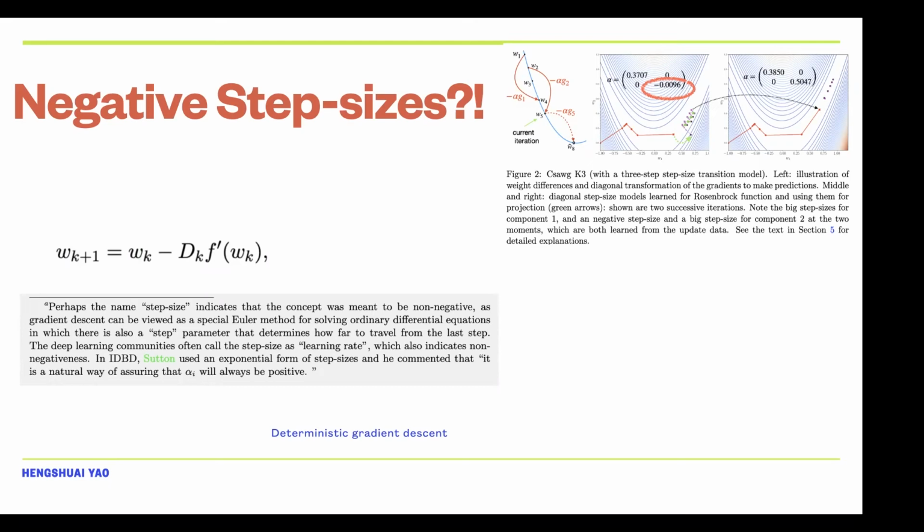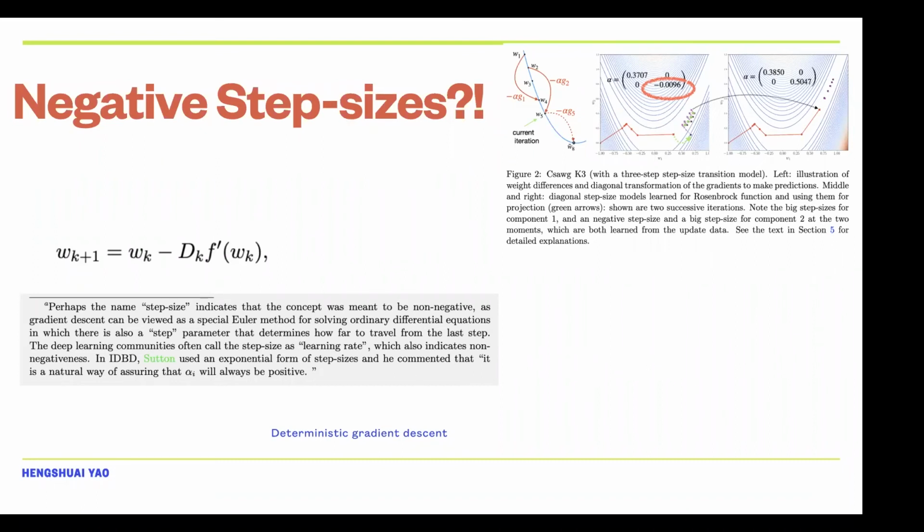Here is an example in IDBD, showing the step size should be some sort of exponential form. Well, yeah, but why do we do that, right? If negative step sizes make sense, then we don't need to do that.